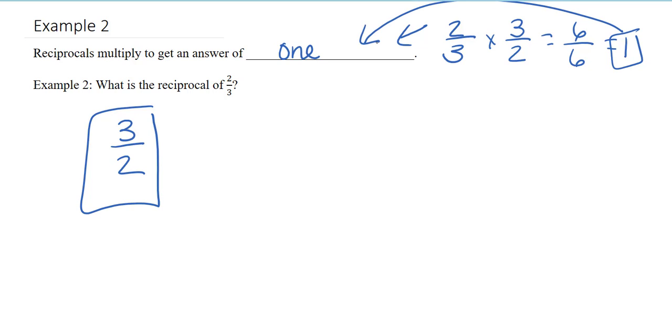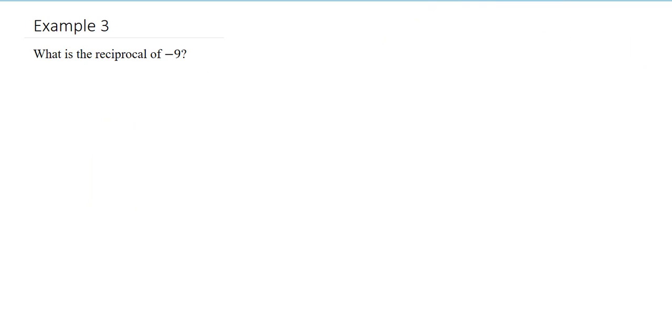Now let's look at the next example. Example 3. What is the reciprocal of -9? Well, if we have -9, really this is -9/1. That's what we learned in the last video, where you can make a whole number into a fraction by putting it over 1.